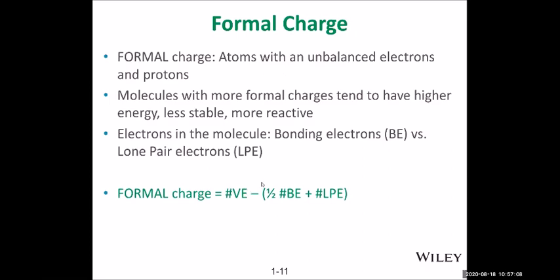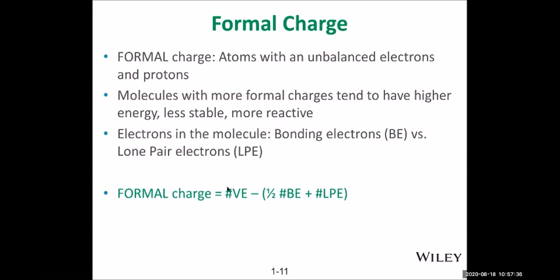So if the number of valence electrons is less than the number in the parentheses, you have a negative charge, which means in this structure, this atom possesses more valence electrons than it actually should. You get a negative charge.